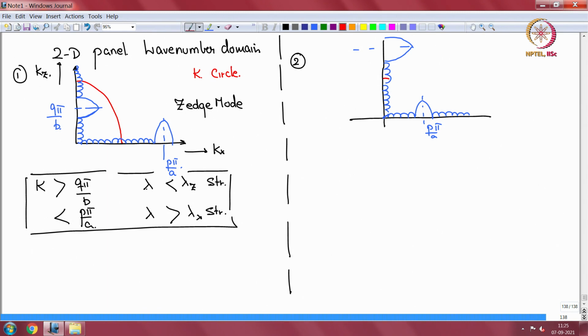And this is my K circle. Now in this case K is less than q pi by b. So lambda is greater than lambda z structural, and it is greater than p pi by a, and lambda is less than lambda x structural. I will again give this a name, call it X edge mode.